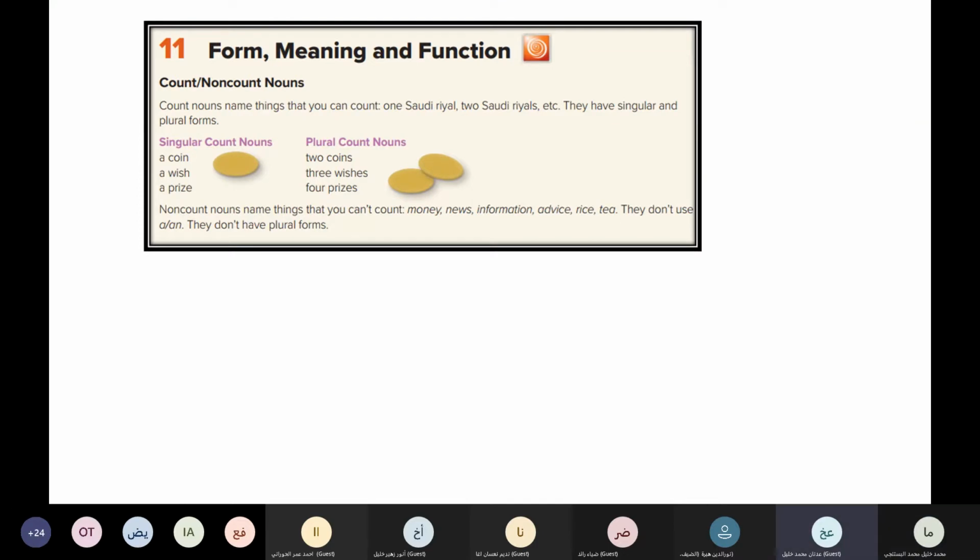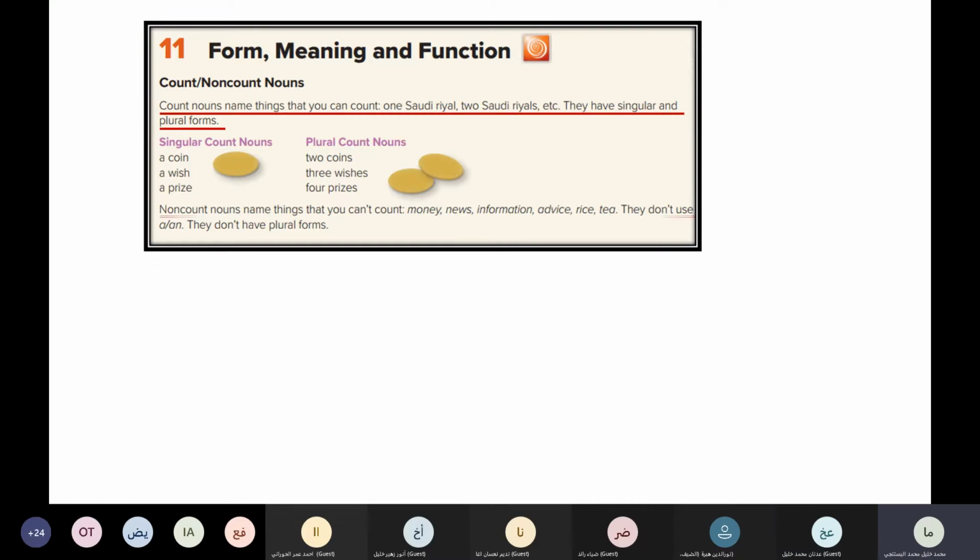Good. Singular count nouns: a coin, a wish, a prize. Plural count nouns: 2 coins, 3 wishes, 4 prizes. Non-count nouns name things you can't count: money, news, information, advice, rice, tea. They don't use a and an. They don't have plural forms. Thank you. So I think the idea is very clear to you.